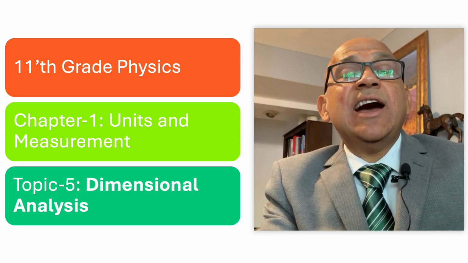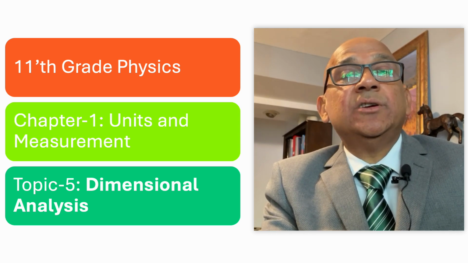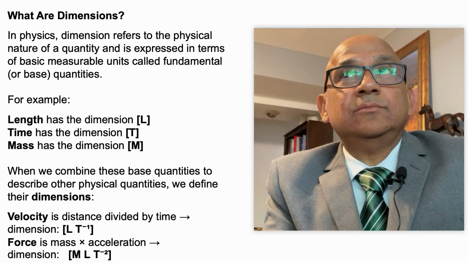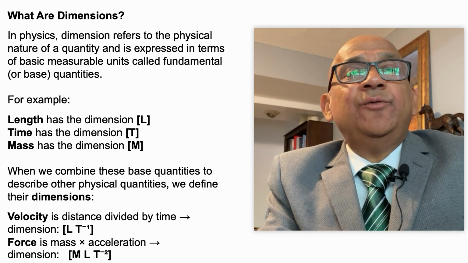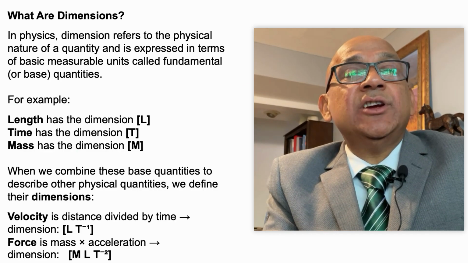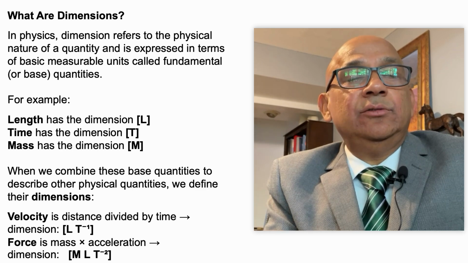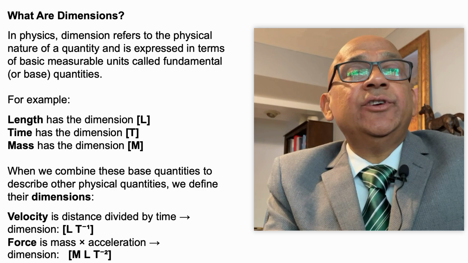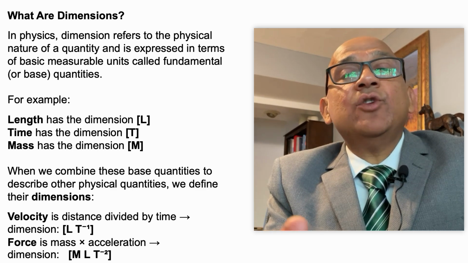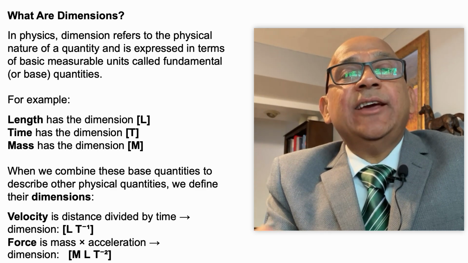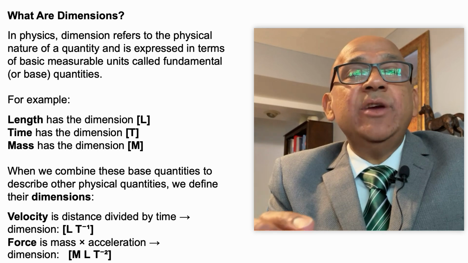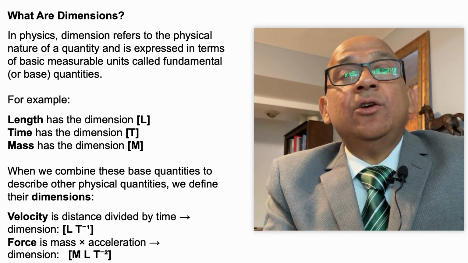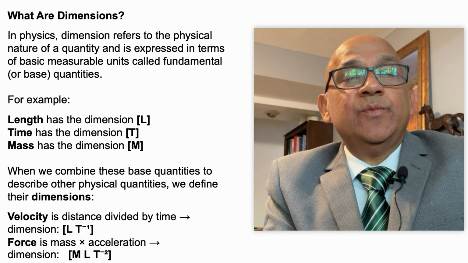Now coming to the last topic of this chapter, which is dimensional analysis. Let us first ask the question, what are the dimensions? In physics, dimension refers to the physical nature of a quantity and is expressed in terms of basic measurable units, which we call fundamental or base quantities.